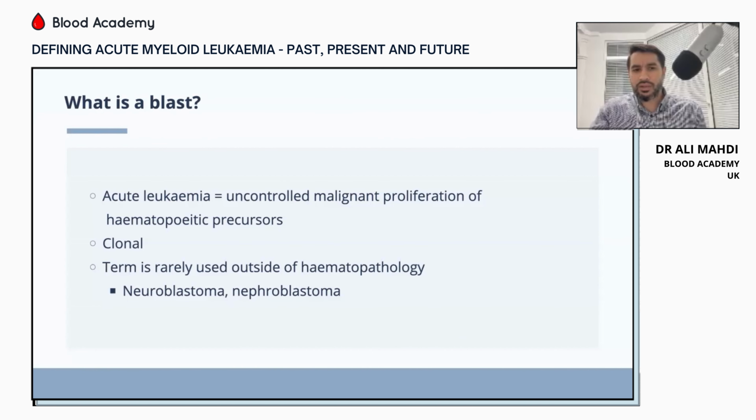Interestingly, the term blast is rarely used outside the world of hematopathology. There are some diseases which have an association with the term blast, such as neuroblastoma and nephroblastoma. But generally speaking, the term blast cells is reserved for the hematologists and people who work around them.